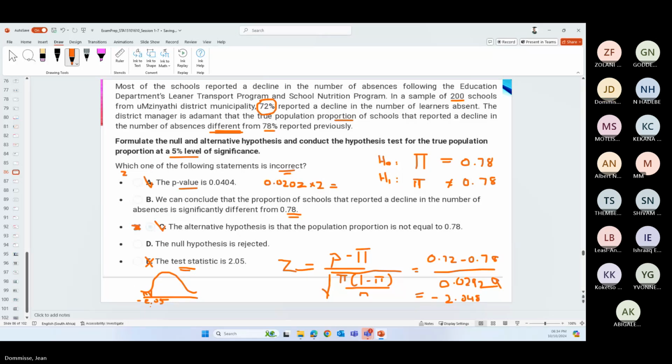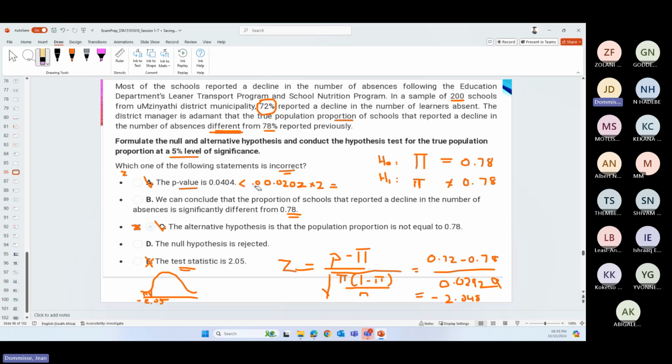So again, let's check the p-value. The p-value is smaller than the 5%.